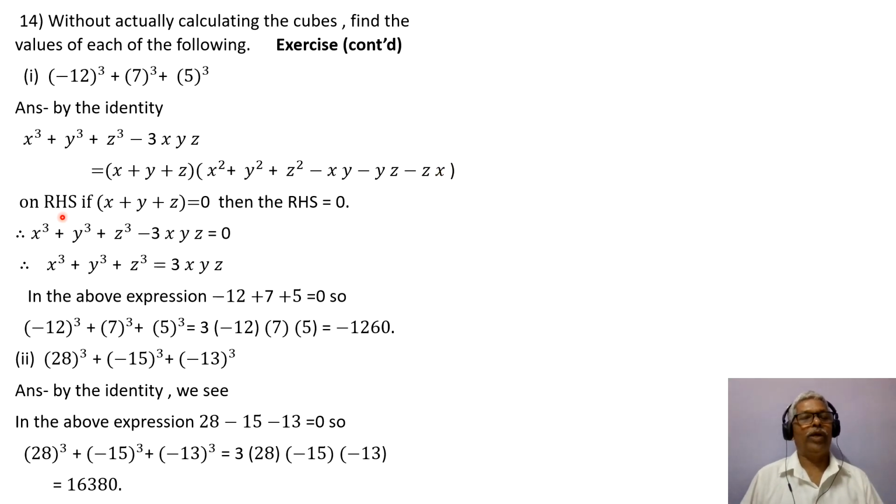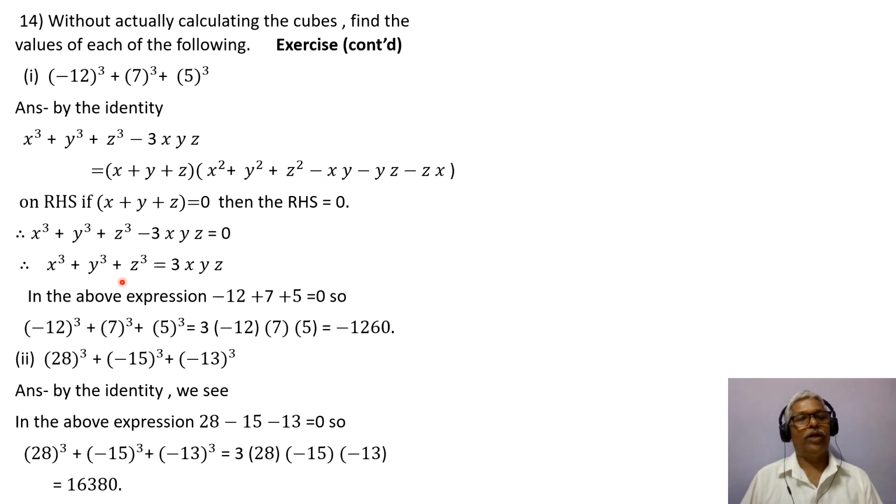Okay, now important statement here. On the right hand side, if x + y + z equals 0, then RHS is 0. Got it? So if this is 0, we are again writing this: x³ + y³ + z³ − 3xyz equals 0. Then if you transfer this to another side, that will be x³ + y³ + z³ equals, sign will change, 3 into x into y into z.